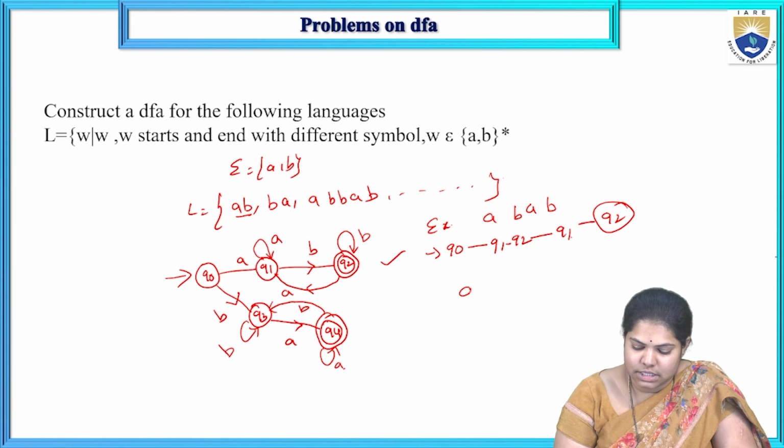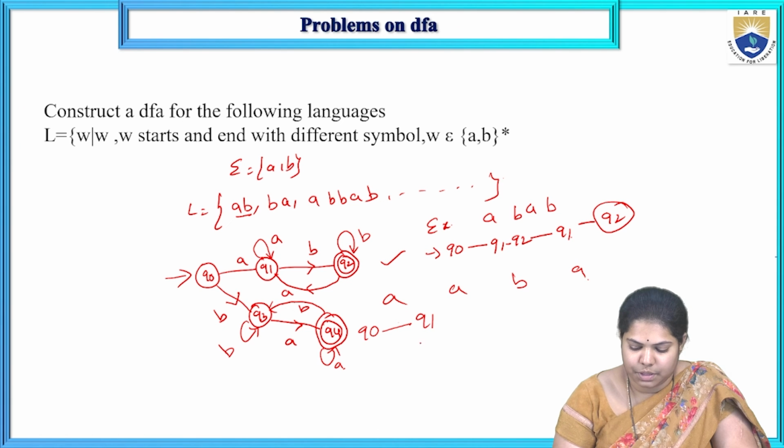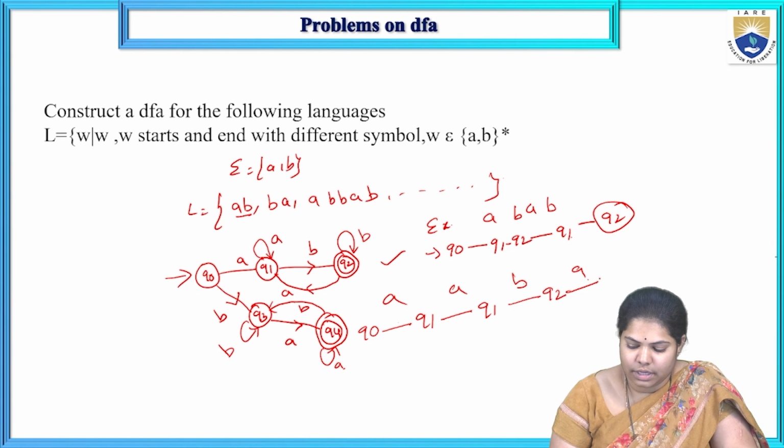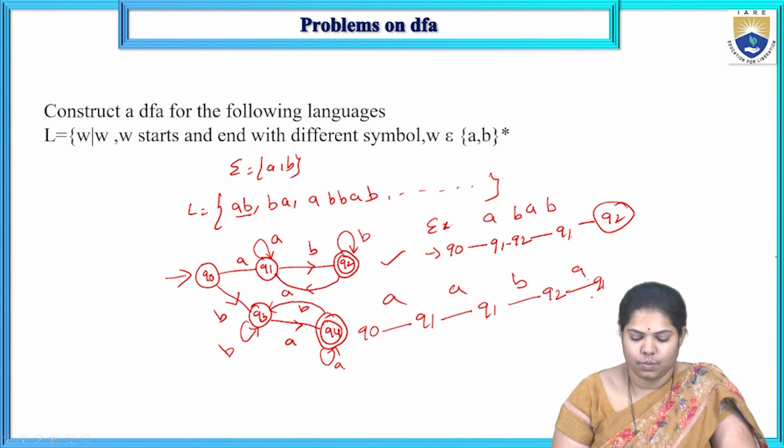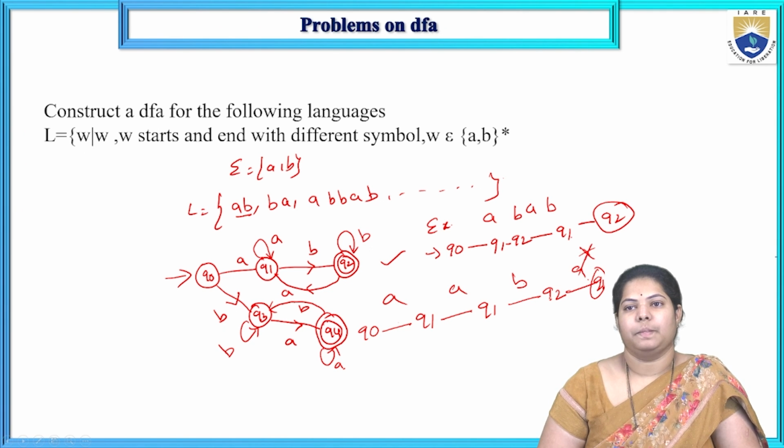If I take a string called AABA, starting with the Q0, on seeing A, I reach Q1. Q1 on A, I stay on the same state Q1. Q1 on B, I reach the Q2. And Q2 on A, I reach the state called Q1, which is not a final state. So the string is not accepted.